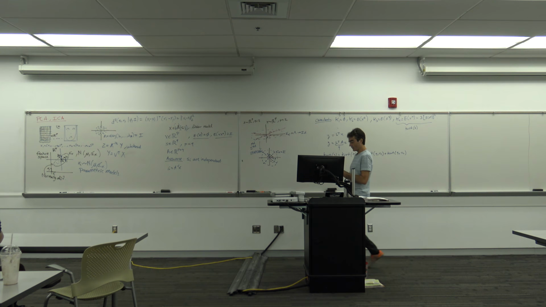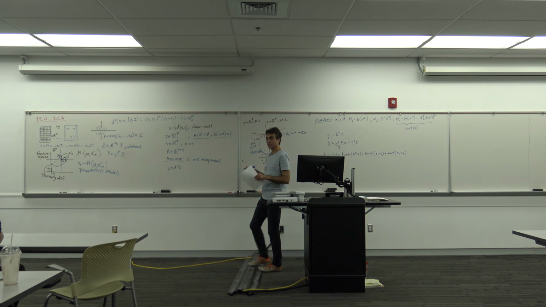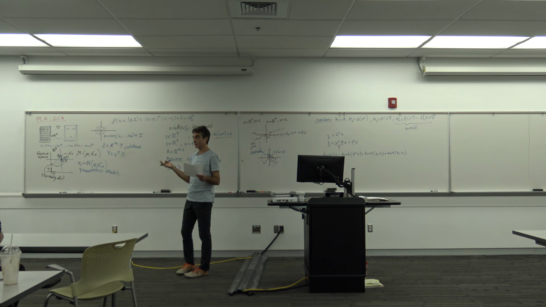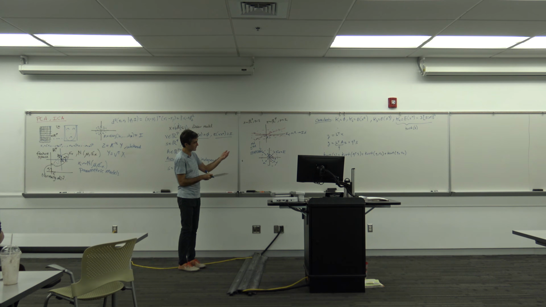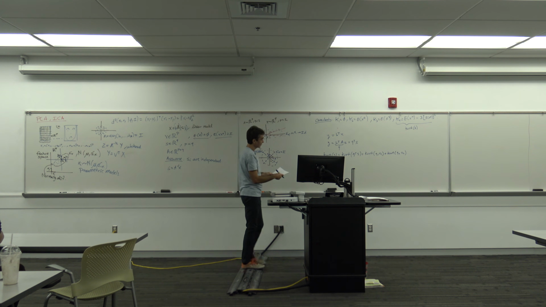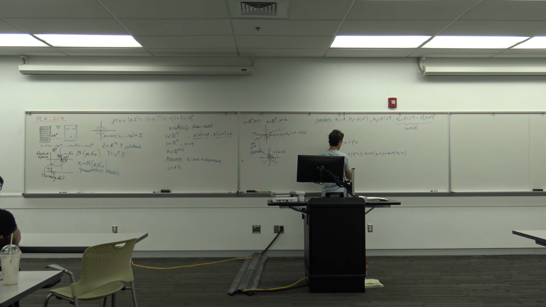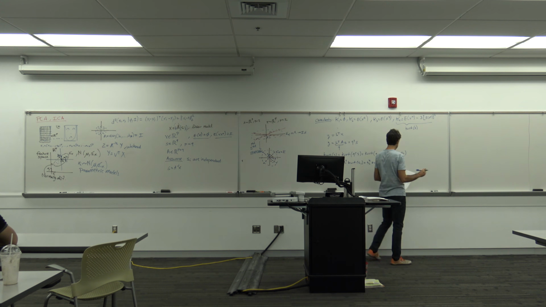And now I'm going to take Qi out, because that obviously is just the vector of numbers that I'm interested in, and then compute the kurtosis of Si. So this is going to be Q1 to the 4th times the kurtosis of S1 plus Q2 to the 4th times the kurtosis of S2, right?